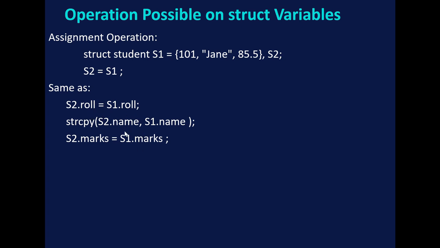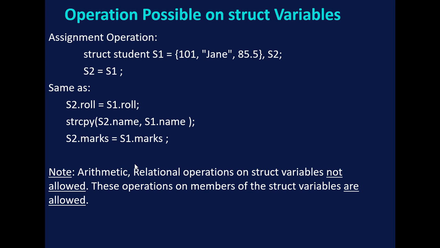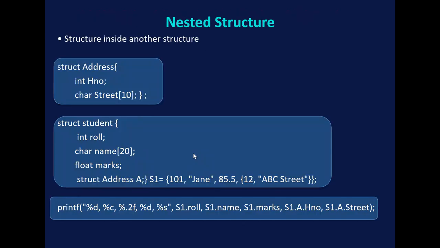So all these statements together can be equivalently written as one statement, s2 equals s1. And very important to notice, arithmetic and relational operators are not possible on structure variables, but they are possible on members of the structure.